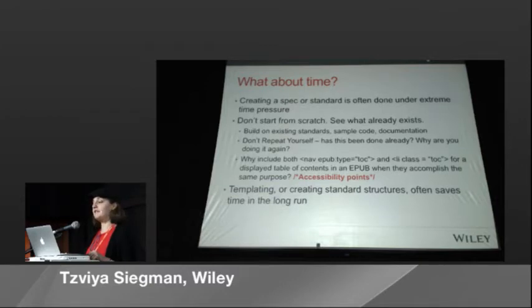You already have something that's available to assistive technology in your navigation document. Look at that, it's in the spec, it's accessible, it works for everybody. And you've already repeated yourself if you have added that list called table of contents. So using templates, standard structures, saves you time in the long run, and it avoids duplicating work.